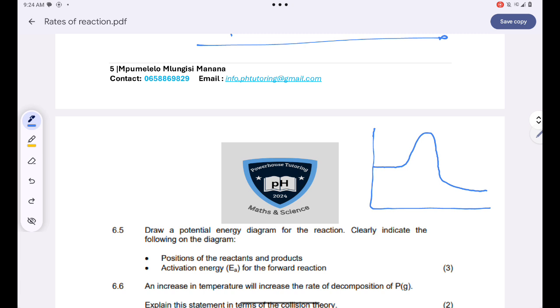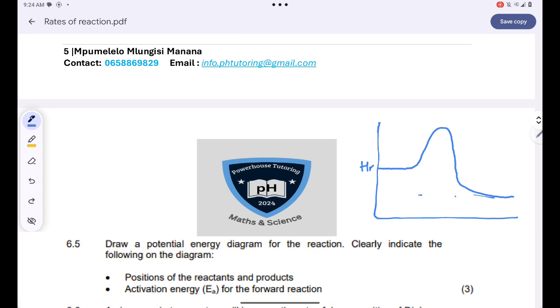Are you together? This over here will represent the heat of my reactants, and that over there will represent the heat of my products, and the difference between the two will represent the change in enthalpy. Heat of the products minus the heat of the reactants. And yes, I'll simply get a negative answer.